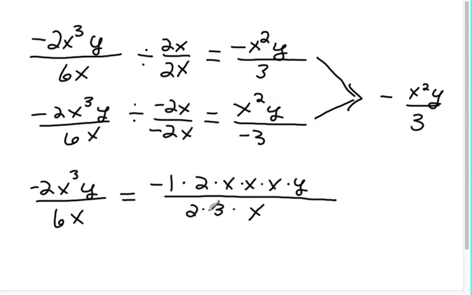So I've shown my factoring. Now I'm going to use my different colored pen, and I'm going to cross out my 2, and my x, and my x. So I am left with a negative x squared y over 3. I'm left with the same thing.